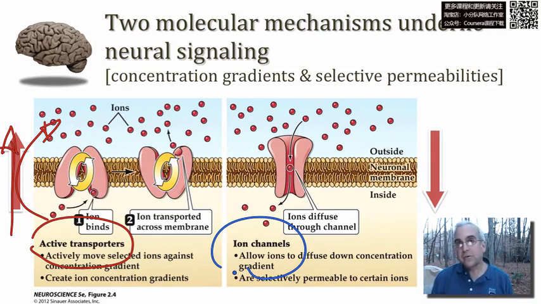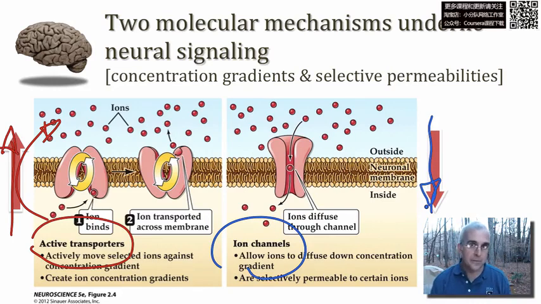Now recall that ions are charged molecules, so they are not going to pass through a lipid bilayer very easily. There needs to be some kind of aqueous pore created that allows that ion to flow, and that's exactly what the ion channel does.